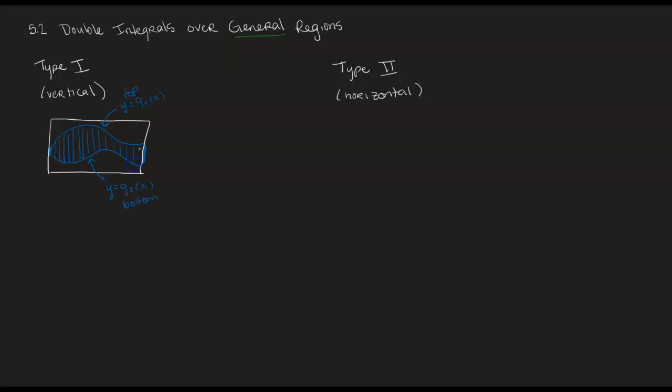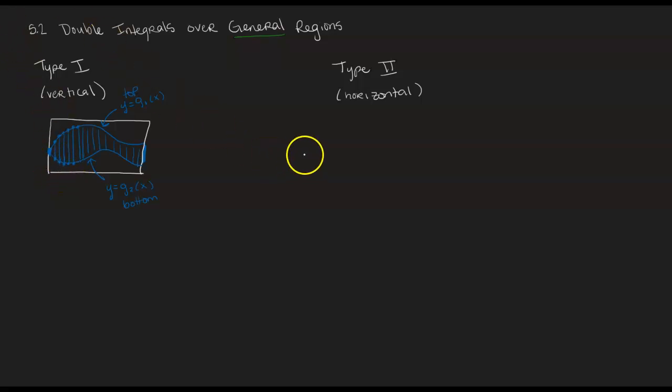Every one of the vertical lines I've drawn is hitting the top of our region, that g1 function, and the bottom of those vertical lines is hitting the bottom function, the g2 function. This is why I like to call this region vertical, because you can draw vertical lines connecting the functions that carve out the top and bottom.